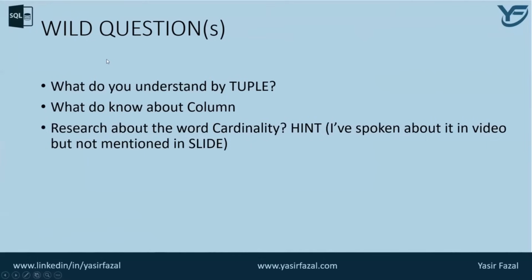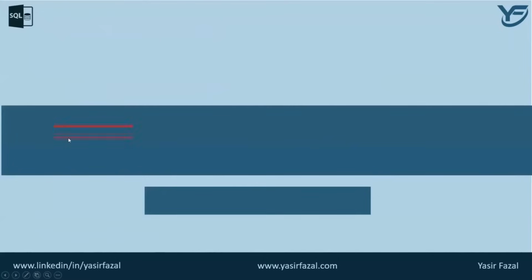And the third question is, you need to do a bit of research about the cardinality. As a hint, I have spoken about it in the video, but I have not mentioned this information in the slide. Please do not forget to answer the questions of this video in the comment section, so I should know that you have understood the concept.